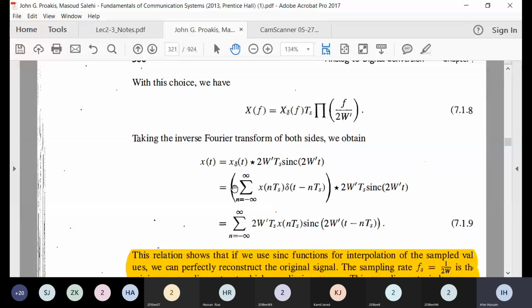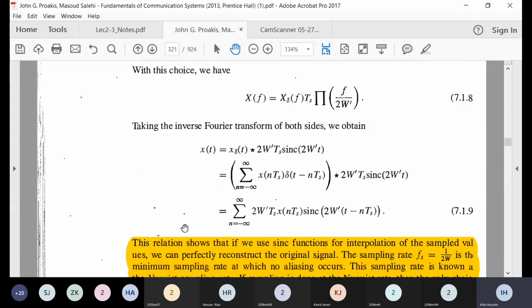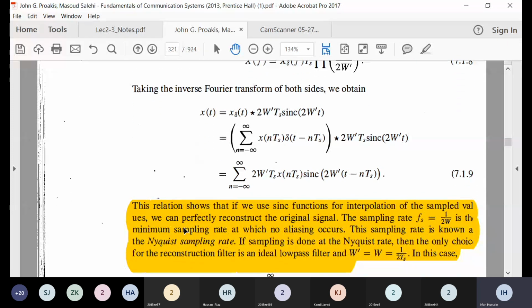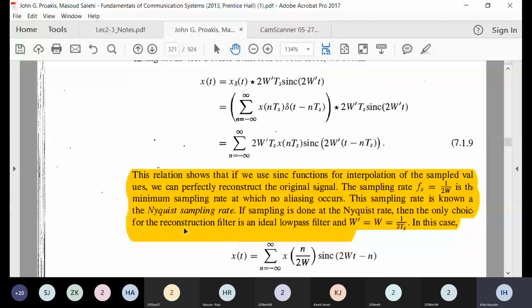This comes here, and hence this is your x(t). So you are getting back your x(t) by multiplying your sampled signal by a sinc, and then adding up all the sincs, you get back your original signal. So we can perfectly reconstruct the original signal.